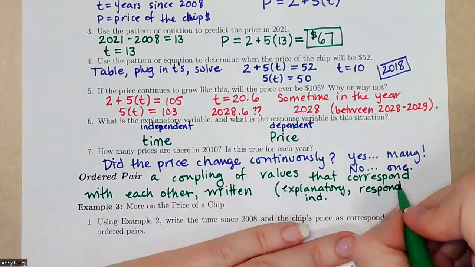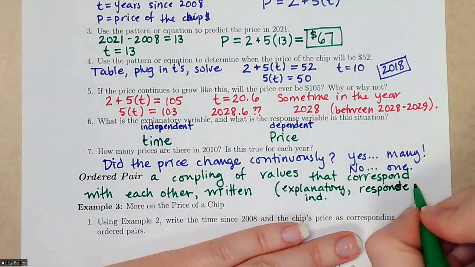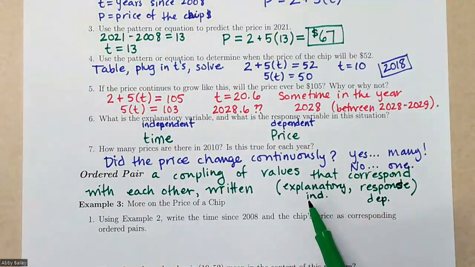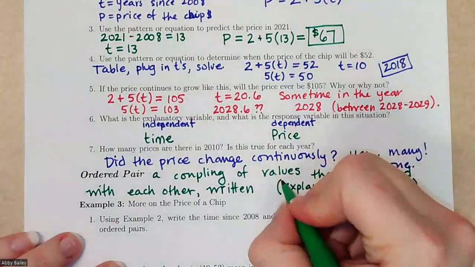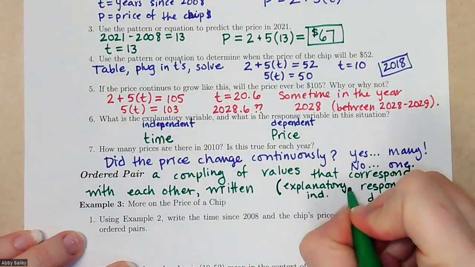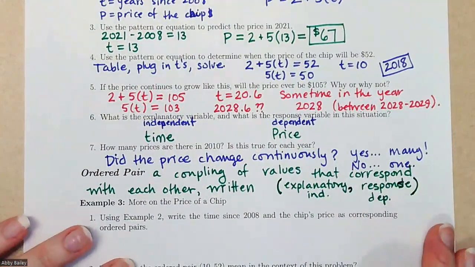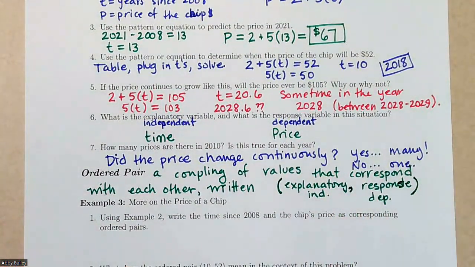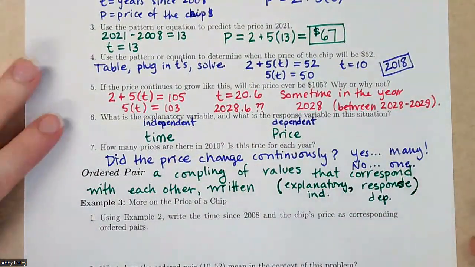Response variable is its name, or the dependent. So tell me what year it is, then I can tell you what price it is. That's an ordered pair written with parentheses, separated by a comma, where it says the independent thing and then the dependent thing, or the response.